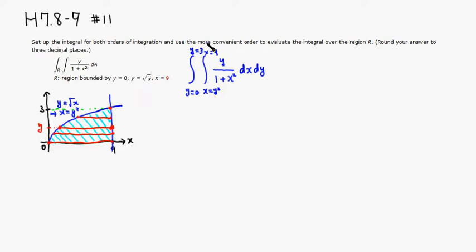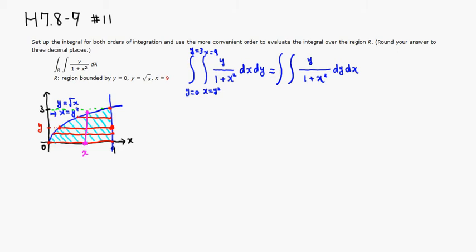And the other one is a double integral, same thing, y over 1 plus x squared. This time we take the antiderivative with respect to y, and then with respect to x. So we fix an x value. It starts from y equals 0 to y equals square root of x.